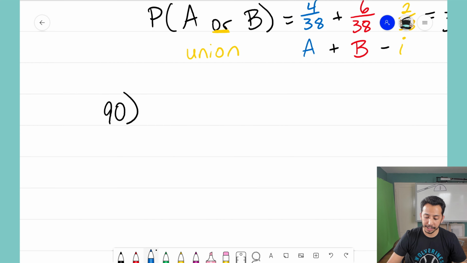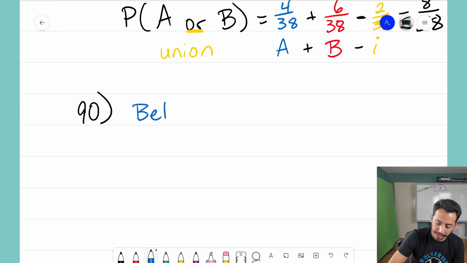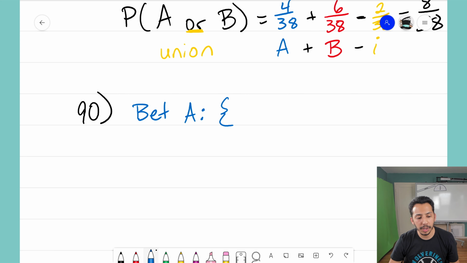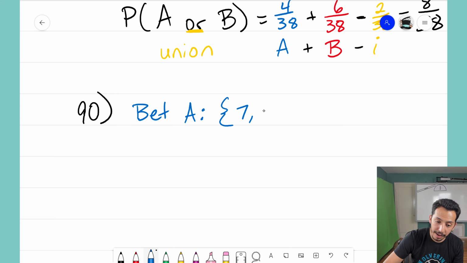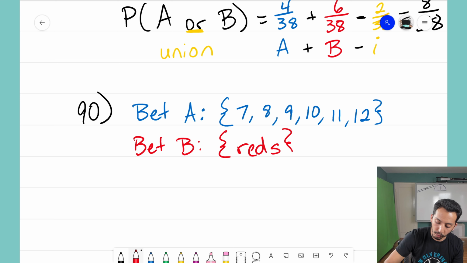So for problem 90 here, let's set up 2 more different bets. Let's see if we can find out some problems with this. So let's say that bet A has the numbers, let's see, I got to pull up the roulette table because I minimized it. Let's say that I have bet A betting on 7, 8, 9, 10, 11, and 12. Let's say that we have bet B. And bet B is betting on all the reds.